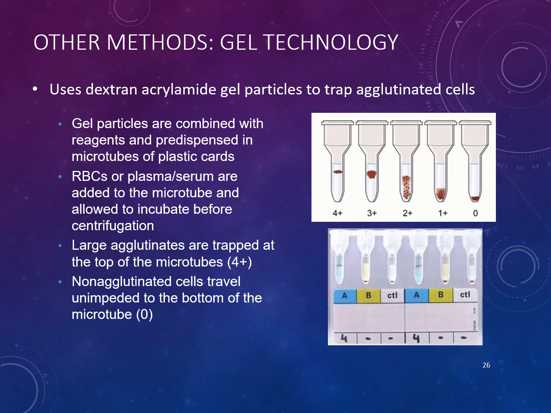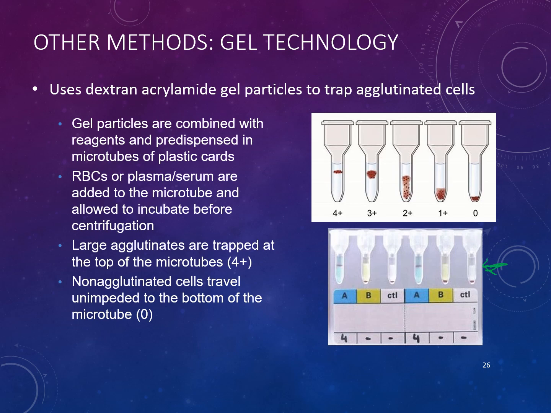Gel technology. What this does is use a gel particle, or little tiny gel beads, to trap any agglutination or aggregates of red blood cells. You can see your gel card here, and then you have those wells within it.